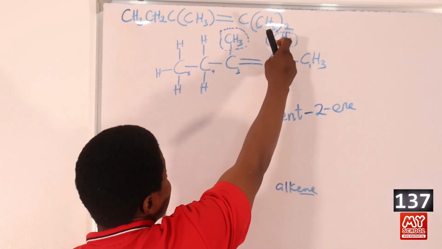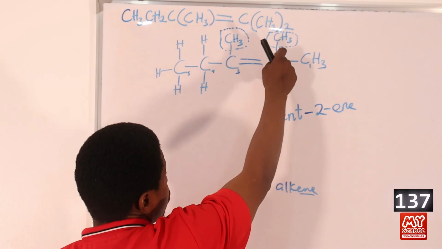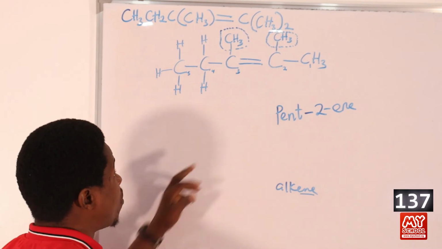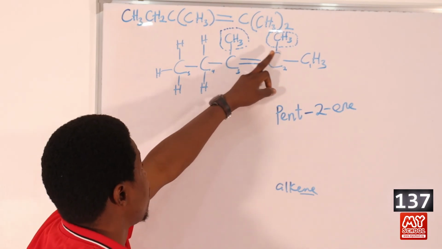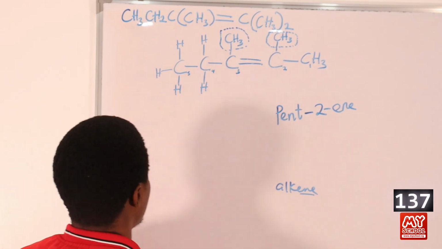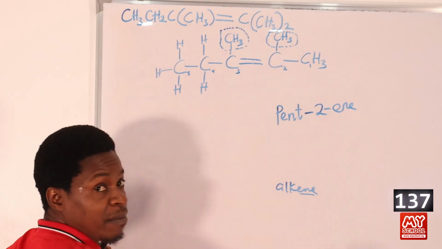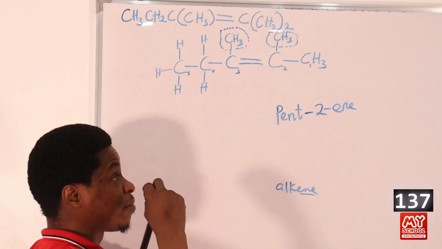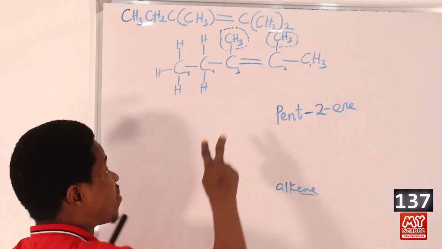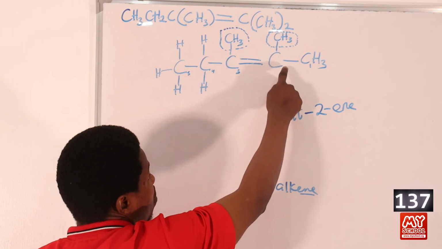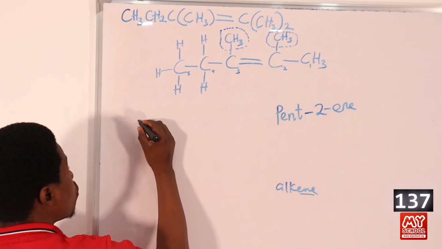So we have 1 methyl on carbon 2, then another methyl group on carbon 3. Both of them are methyl, they are the same. So we use the prefix di to show that there are 2 because they are the same. So we take the first one first. The first methyl group is on carbon 2, so we will say 2.